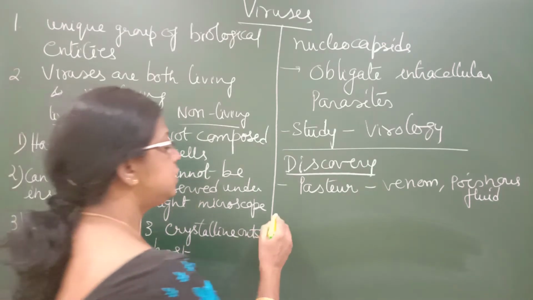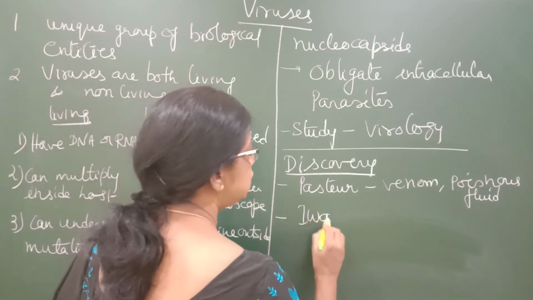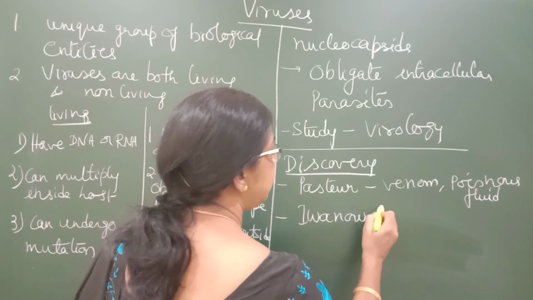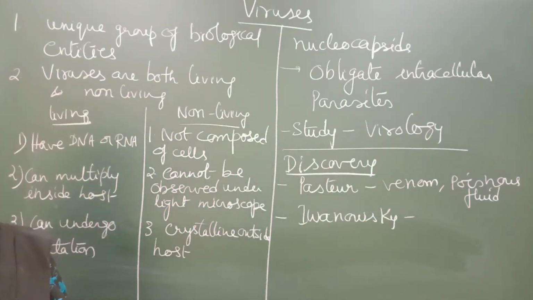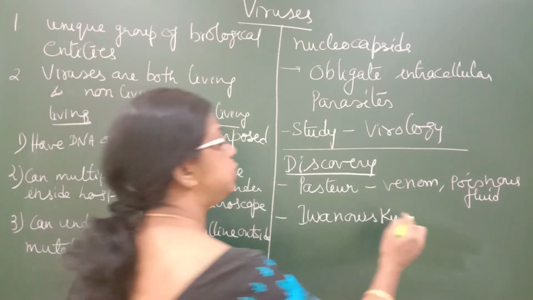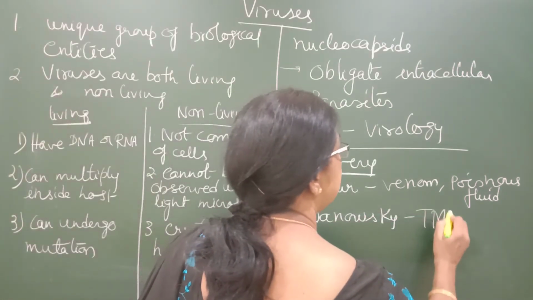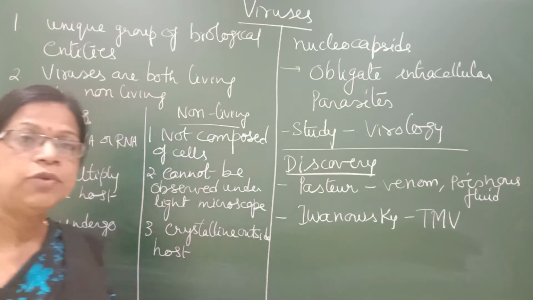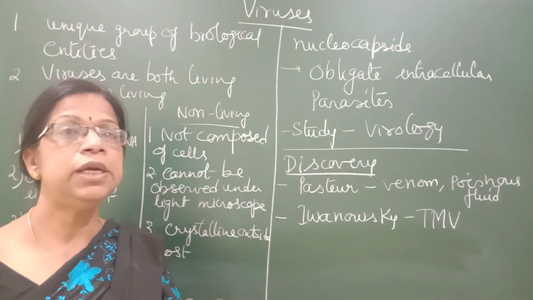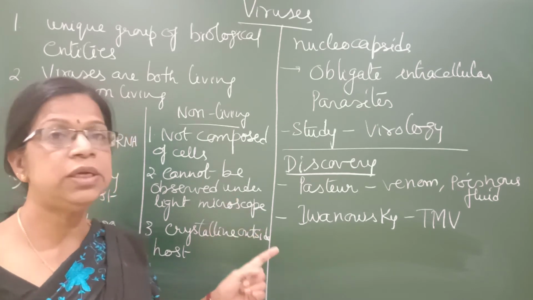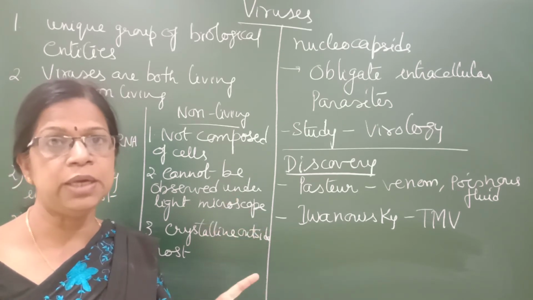The next scientist, the Russian scientist Ivanovsky, was the first one to study tobacco mosaic virus, and he studied the infection of the host plant, that is the tobacco plant.